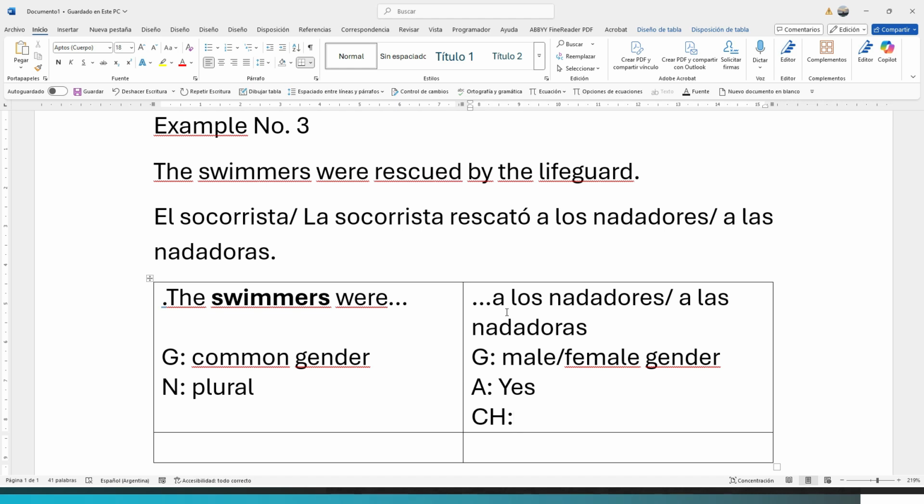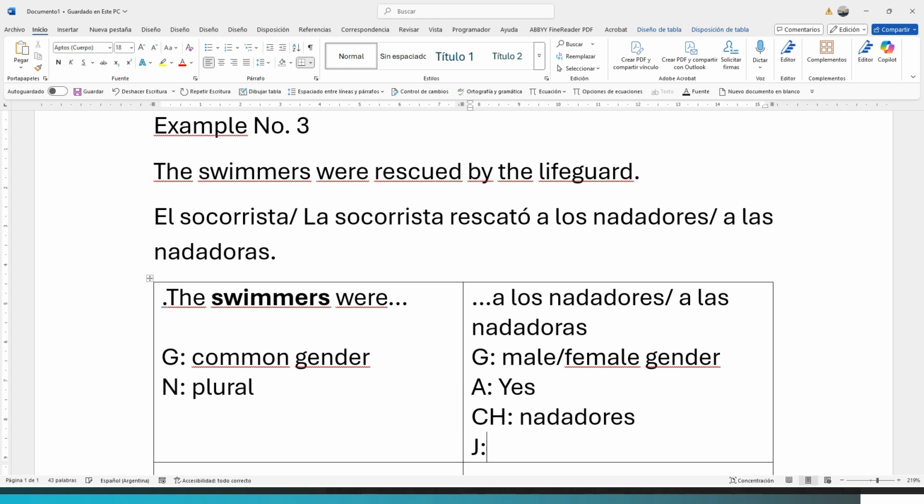This example is quite similar to the previous one. What is the difference? Here, in this example number 3, we have swimmers, nadadores, nadadoras, plural noun. In the previous example, in example number 2, a swimmer, un nadador, una nadadora, singular, but the analysis is quite similar. So, we shall decide in this example in the same way as in the previous one, in favor of the male gendered noun, nadadores.